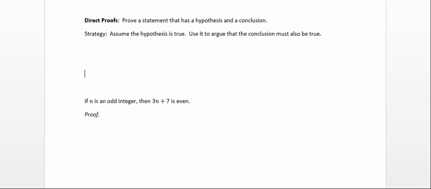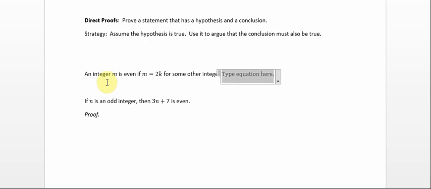So let me just write that in. An integer m is even if m equals 2k for some other integer k. That's the usual definition of an even number. It's 2 times something.